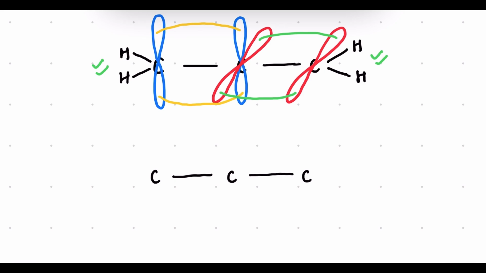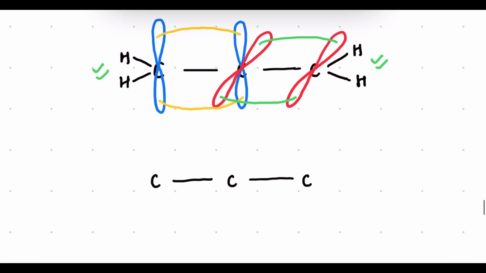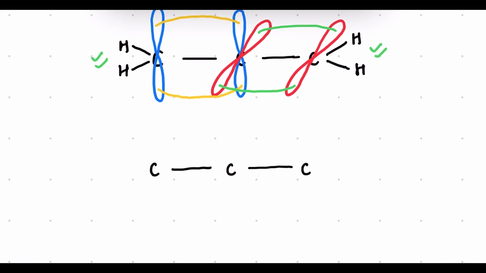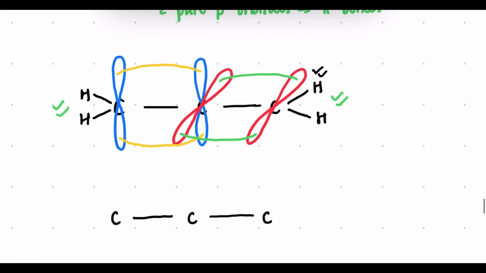Now, from this, we know that if you check this pi bond here, this red p orbital pi bond looks like it's in the z-axis. For example, this is x, y, and z.